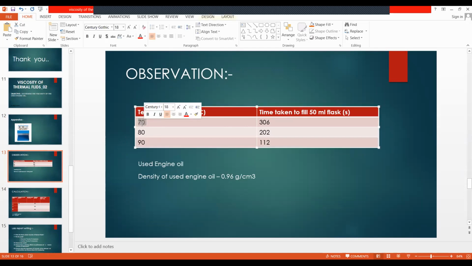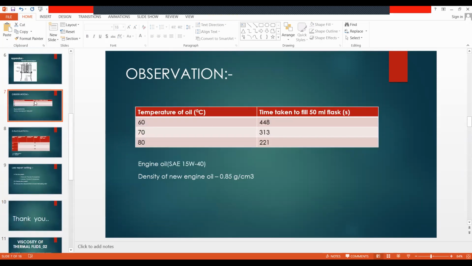I took the temperature as 70, 80, and 90 degrees Celsius. But in the new oil, I did 60, 70, and 80 degrees Celsius. So any three different temperatures you can take.